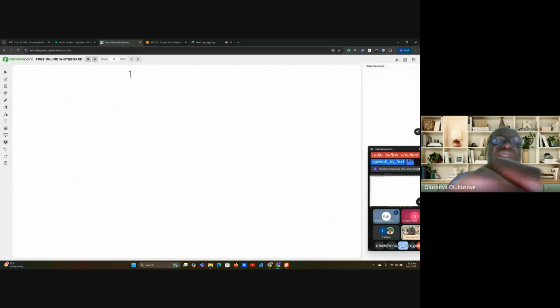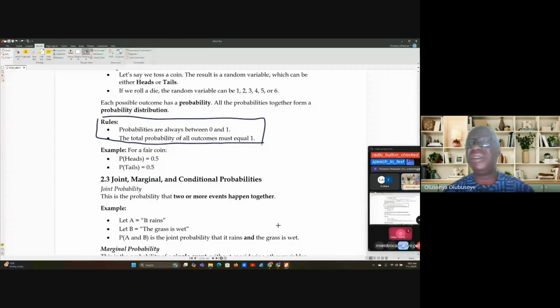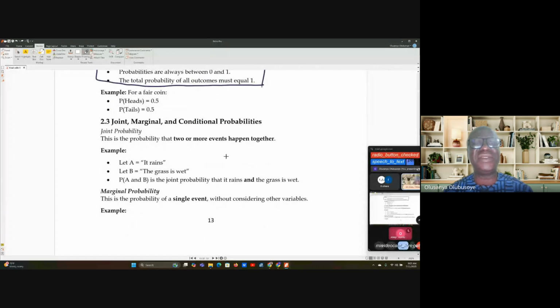So JPD, joint probability distribution. In the manual, there are actually three concepts that you need to understand: joint, marginal, conditional.